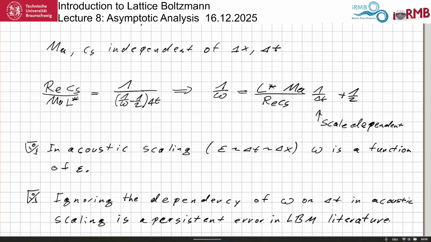So you put in what your program does, but if you want to expand it and look at the asymptotics of this, you have to notice that you cannot use the same omega for the same resolution. So you have to expand this too, yeah. This can be done, but then it should be done.